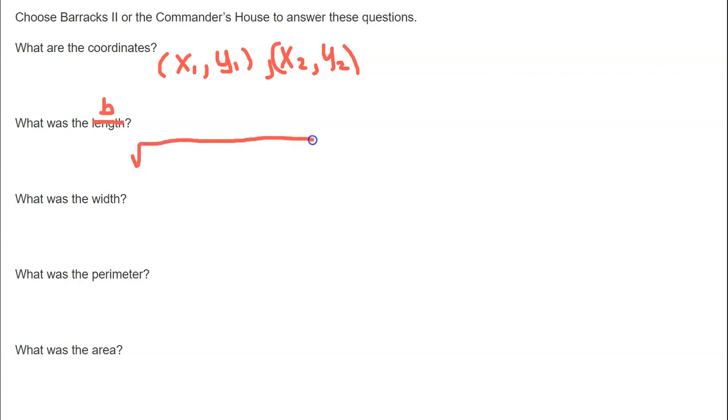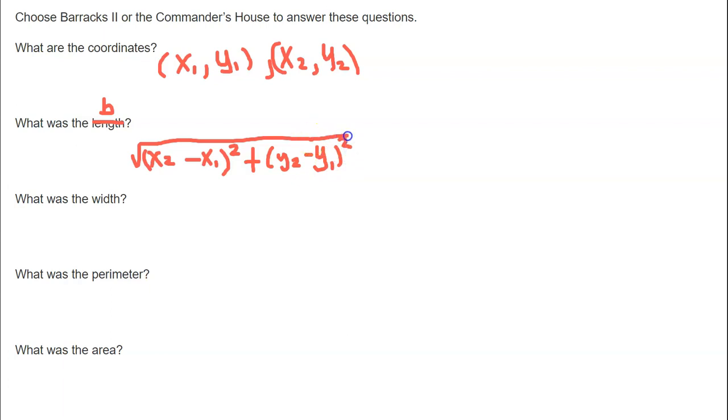The distance formula is the square root of X subset 2, that would be this one right here, minus X subset 1, squared, plus Y subset 2 minus Y subset 1, squared.